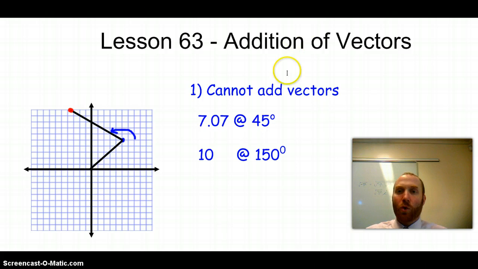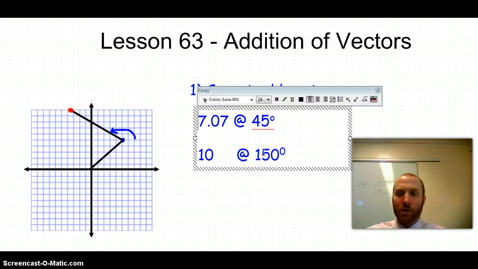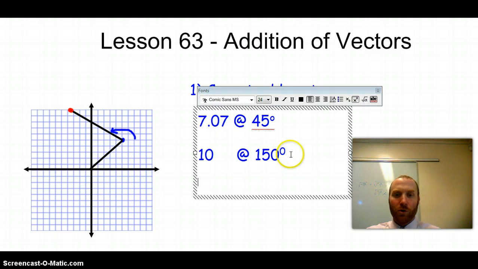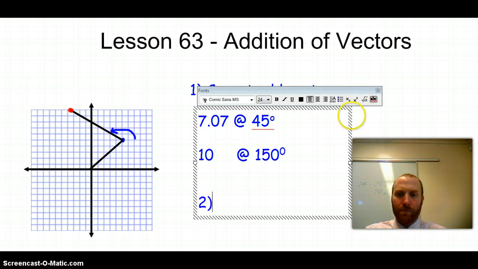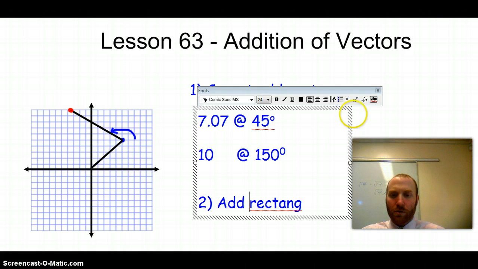Then what you need to know, of course, is how to be able to do a problem like this. And you're able to do this sort of problem if you add rectangular coordinates.